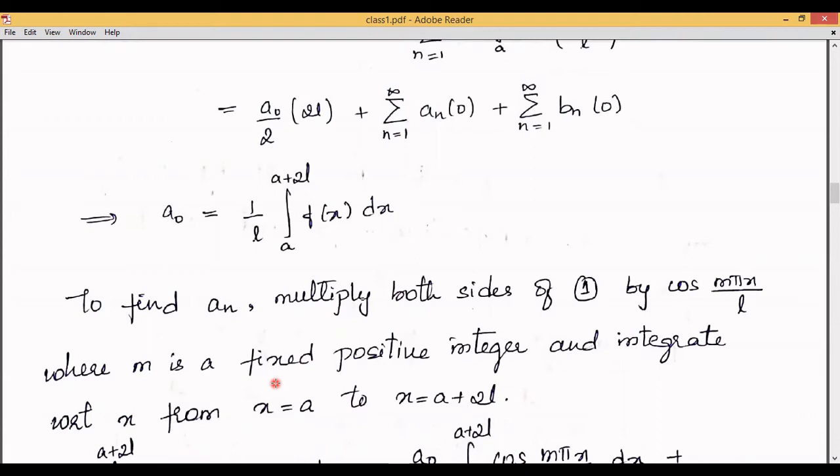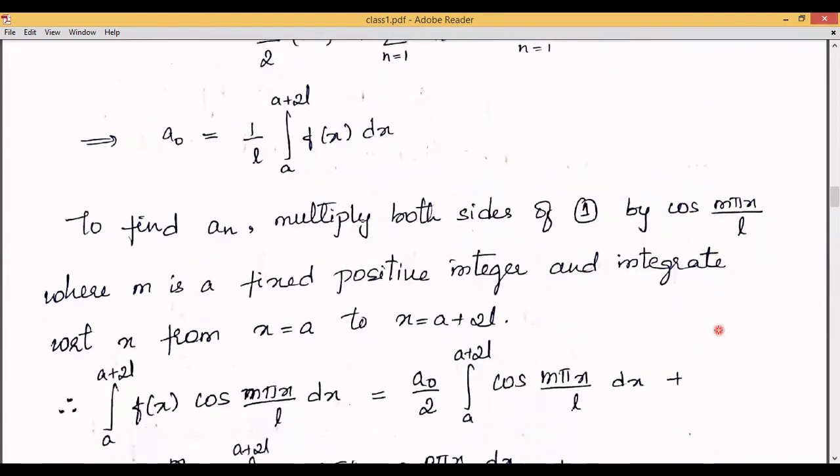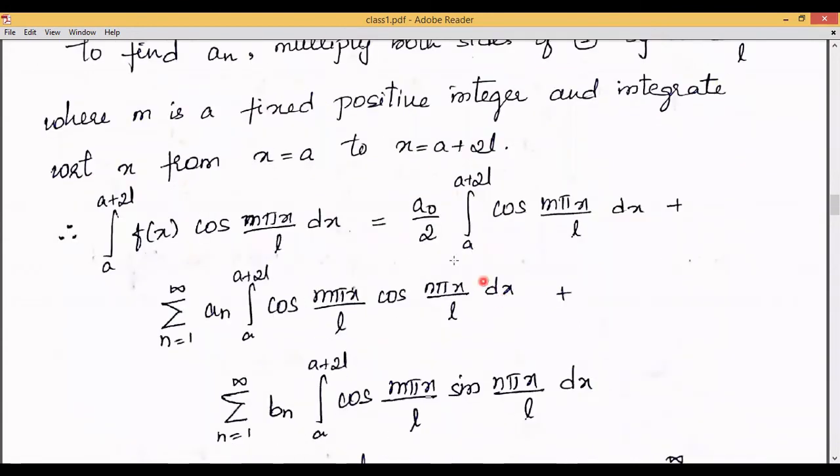Here we'll multiply in such a way that the remaining two terms vanish. The an term will be retained as it is, and the other two terms, the a naught term and the bn term, vanish. So we multiply by cos(mπx/L) and integrate with respect to x between the limits a and a plus 2L.